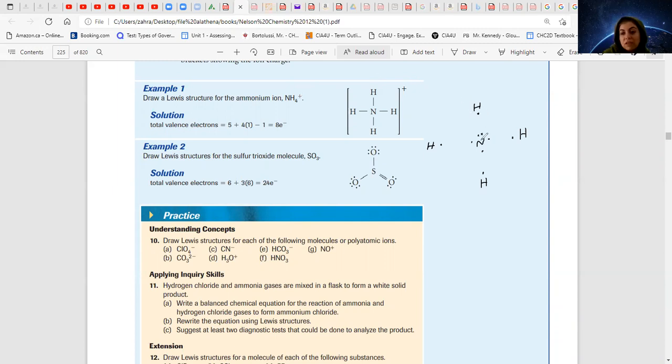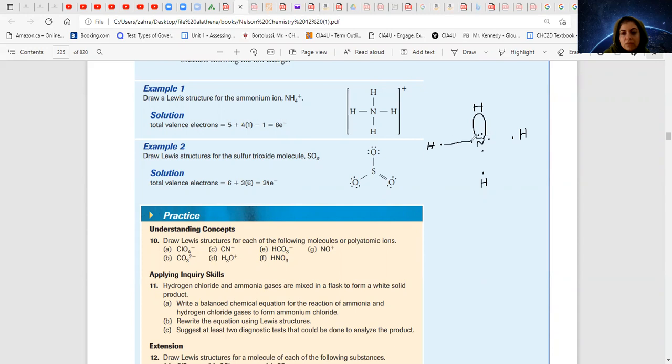N is more electronegative than H, which means H is the one that tends to lose electrons more. That's why we have to take away 1 electron from this hydrogen. Then these 2 electrons will be shared in this space as a single bond.